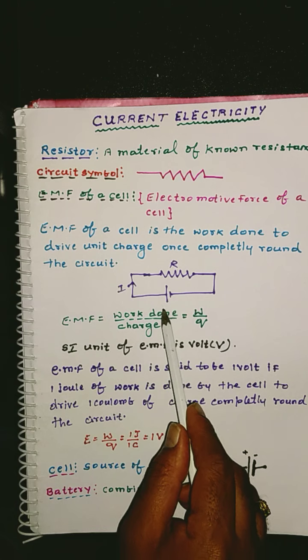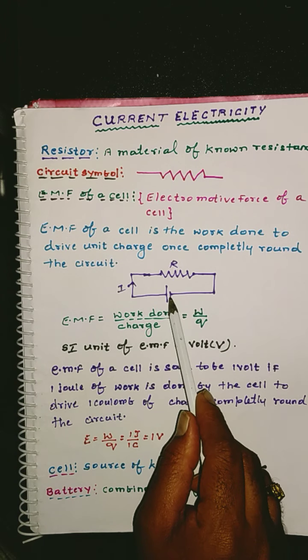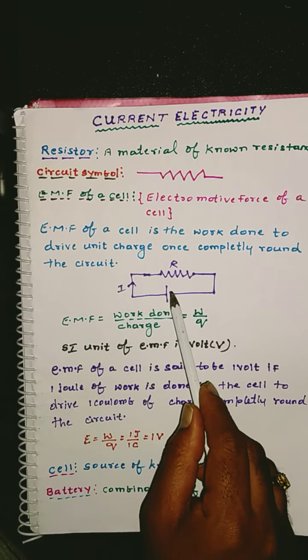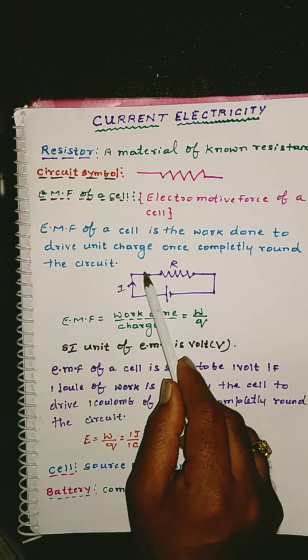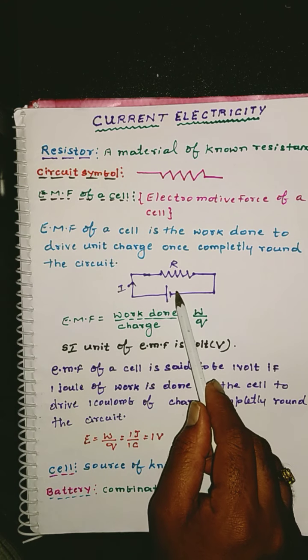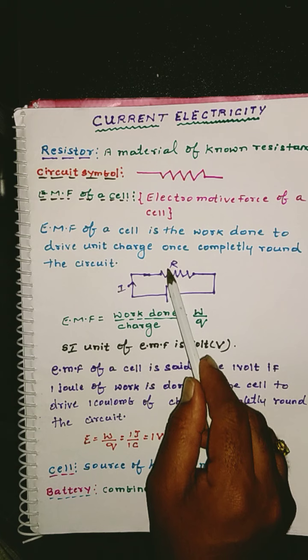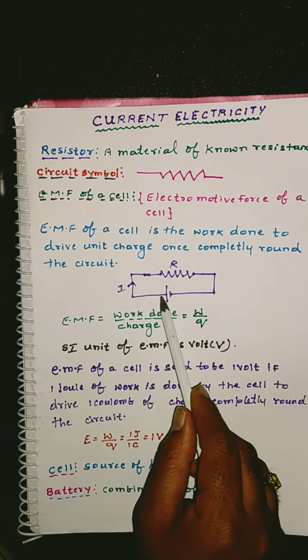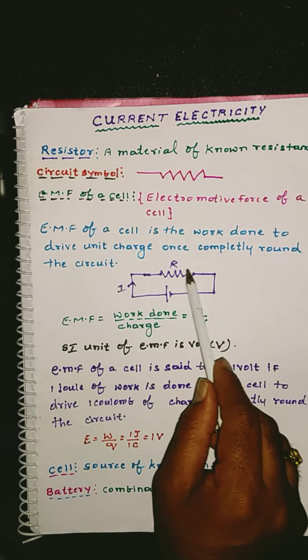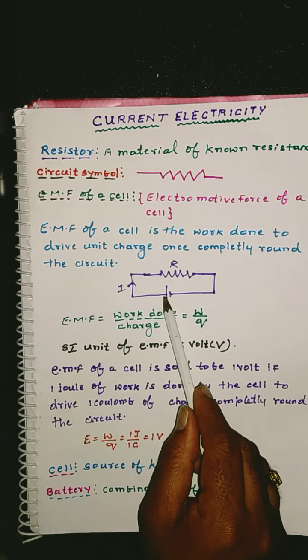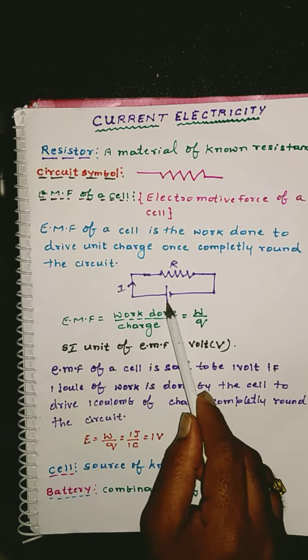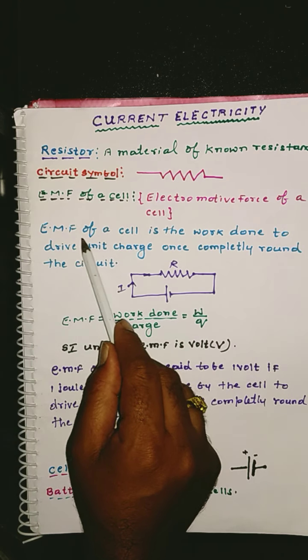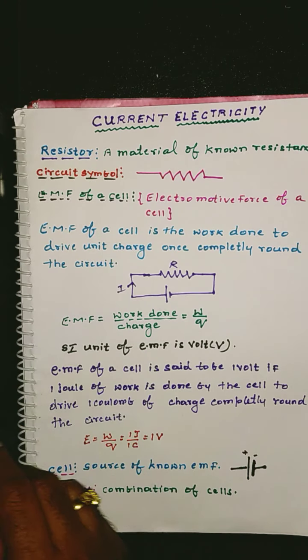That opposition offered is what is called internal resistance. So the cell has to do work in moving the charge against two resistances, the external resistance and also the internal resistance. This total work done in moving a unit charge once throughout the circuit is what is called the EMF of a cell.